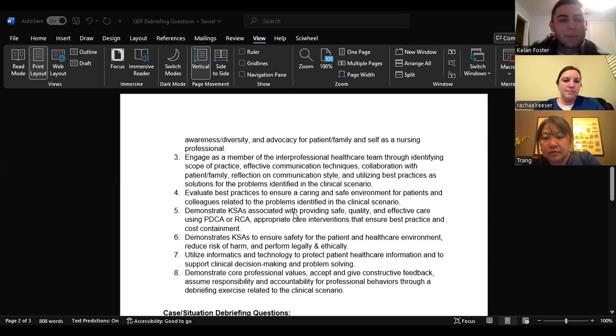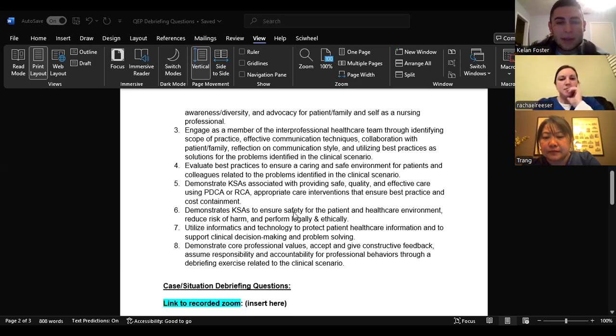Four: Evaluate best practices to ensure a caring and safe environment for patients and colleagues related to the problems identified in the clinical scenario. Five: Demonstrate KSAs associated with providing safe, quality, and effective care using PDCA or RCA, and appropriate care interventions that ensure best practice and cost containment. Six: Demonstrate KSAs to ensure safety for the patient and healthcare environment, reduce the risk of harm, and perform legally and ethically.